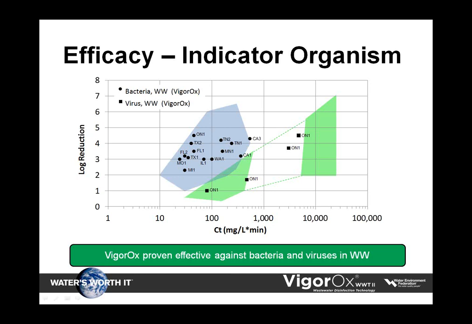This significant difference in CT values is due mostly to the demand that all constituents in the water create for PAA. So it is critical to understand what causes demand and how demand behaves.